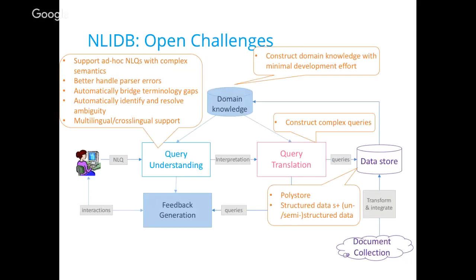Because even though there's a lot of effort today in building knowledge bases, no matter how much effort you put into building a knowledge base, there's always going to be information available elsewhere, not exactly in the knowledge base, right? So before we have a complete and perfect knowledge base, how do we allow users to access information already residing in non-structured form?